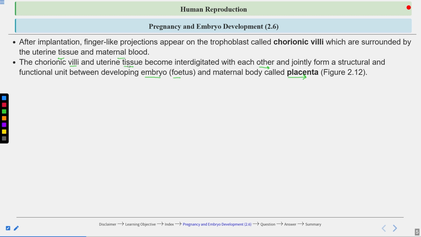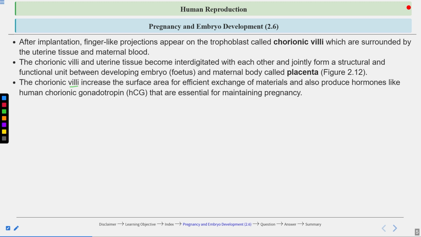The chorionic villi and uterine tissue become interdigitated with each other, and they jointly form a structural and functional unit between the developing embryo, also known as the fetus, and the maternal body. This is known as the placenta. The placenta consists of both fetal and maternal tissue. Clear? It is a structural and functional unit between the embryo and the maternal body.